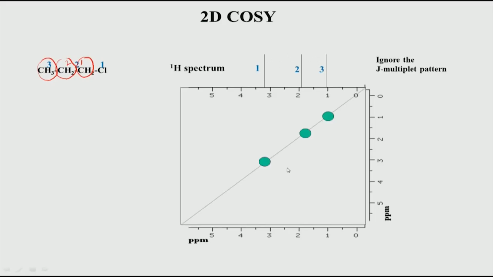So, now let us see what happens in the peak pattern. The first thing is the diagonal peak. Remember, every 2D homonuclear experiment always has a diagonal peak. Why is that? You have to recollect a few slides back, we said in the last class the transfer efficiency cannot be 100% in homonuclear, it is always less than 100%.